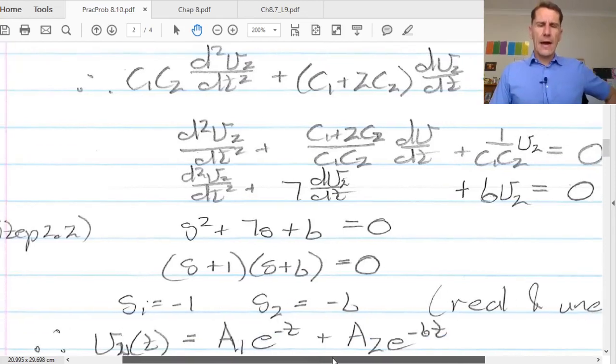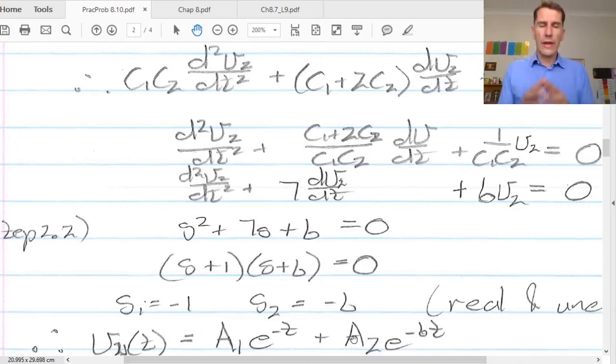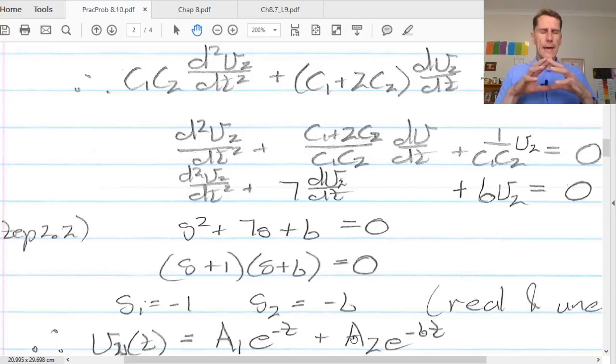Fantastic. And now once you've got this s1 and s2, you look at them and ask, are they negative? Well, let's start with, are they real? Yes, they're real values. So this means it has to be either underdamped, no, I'm lying, overdamped or critically damped. But they have to be negative as well. If you get roots, an s1 and an s2 value, that are positive, you've got a big problem. Then somewhere you messed up. That can't work. So both of them have to be negative.